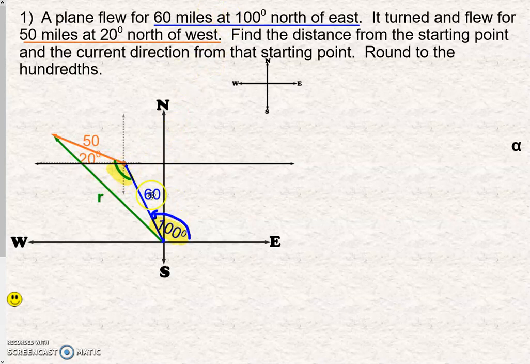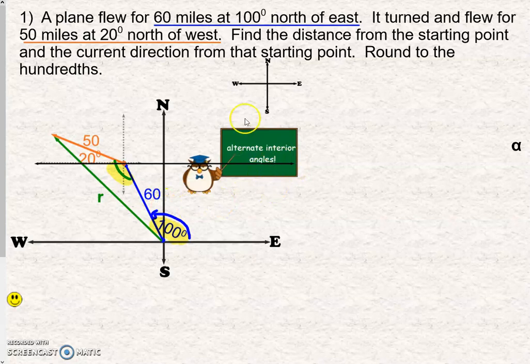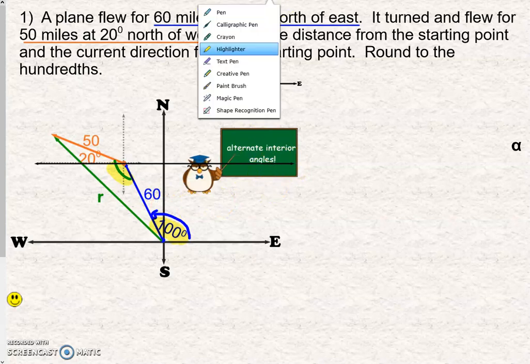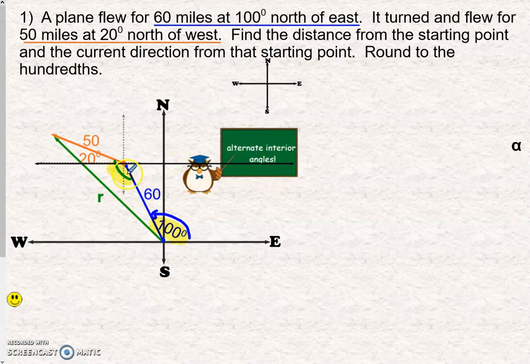Well, there's a special name for those angles, and I hope you remembered they're called alternate interior angles. So that makes this 100 degrees. Now remember, that's not the degree measurement from the blue line to the orange line. That's only from the blue line to the black line. And if we go from the black line to the orange line, that's an extra 20.